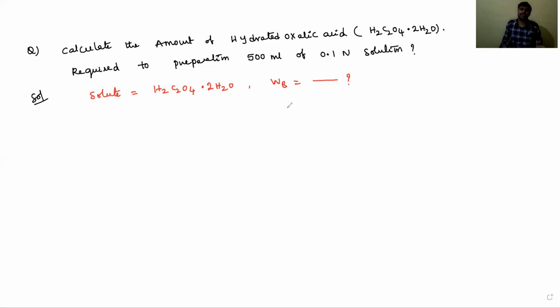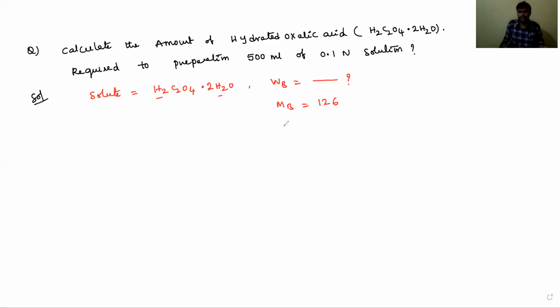The gram molecular weight of the solute, MB: for hydrated oxalic acid the water molecules' weight also we need to take, 2 into 18. There are 2 carbons, and in total 2 plus 4 hydrogens and 6 oxygen atoms. Its gram molecular weight is 126.